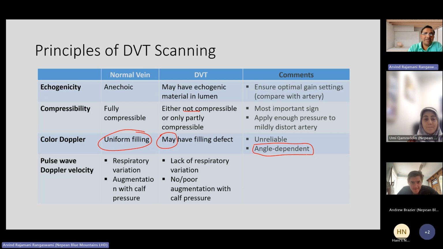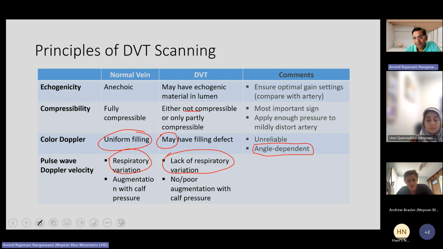How will that manifest? You will have respiratory variations in velocity. Whereas in a DVT setting, you might not have a respiratory variation, if there is a proximal occlusion, especially a proximal complete occlusion.